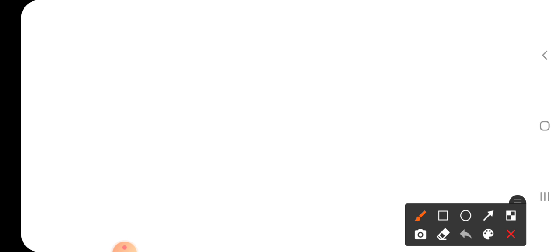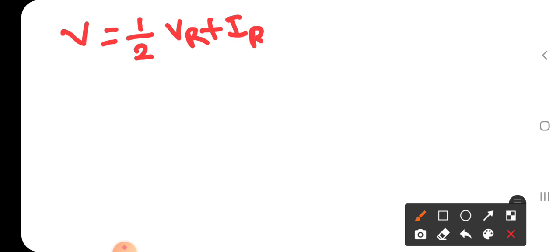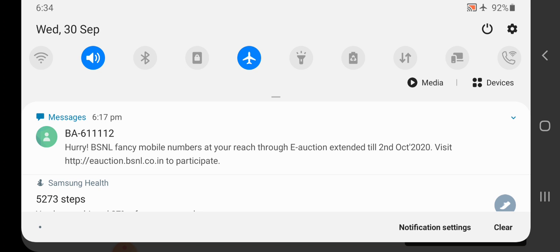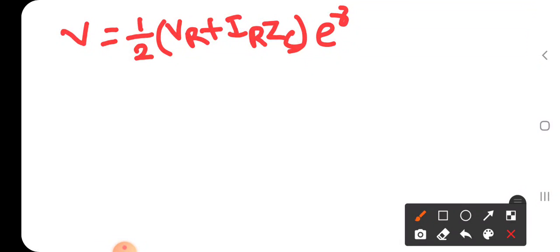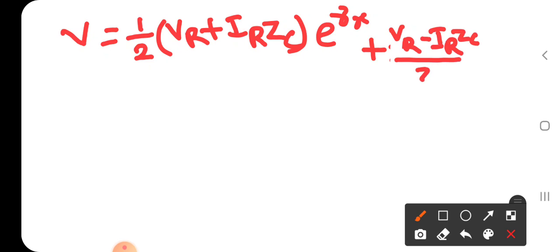You can see that V is equal to 1 by 2 into (VR plus IR into ZC) e power gamma x, plus 1 by 2 into (VR minus IR into ZC) e power minus gamma x.